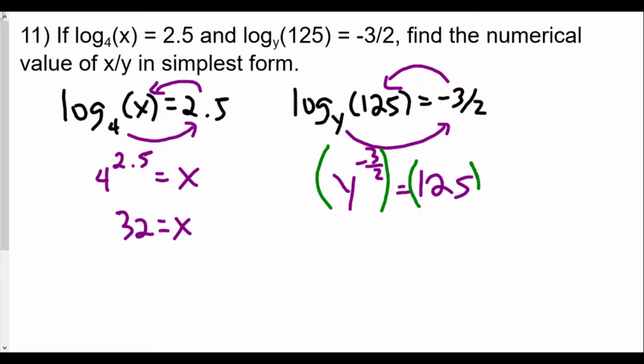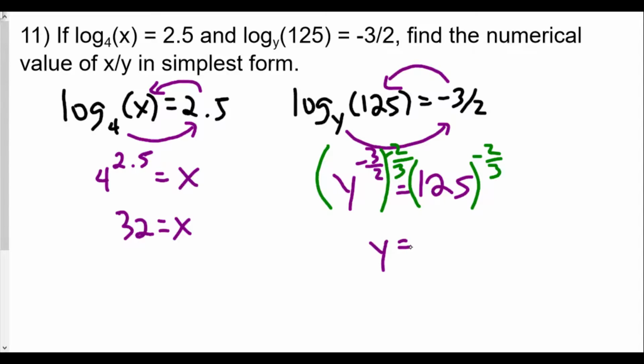So we try to solve for the base. We're going to raise both sides to the reciprocal of the exponent. The reciprocal of -3/2 is -2/3. When we raise a power to another power, we multiply exponents, and we end up getting y to the first power, because -3/2 times -2/3 is 1.